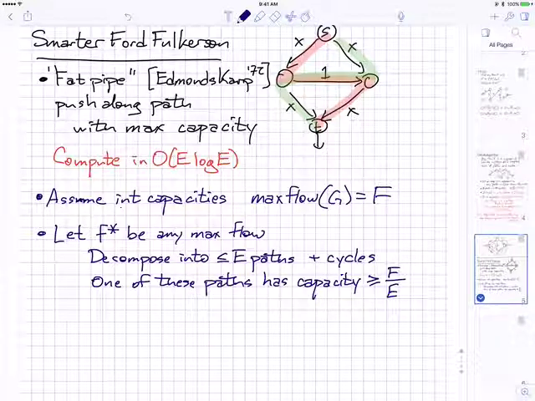So I know that there is a path from S to T in the original graph that has capacity at least 1 over E times the maximum flow value.